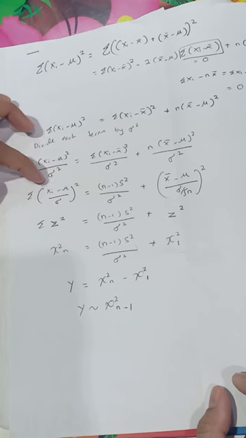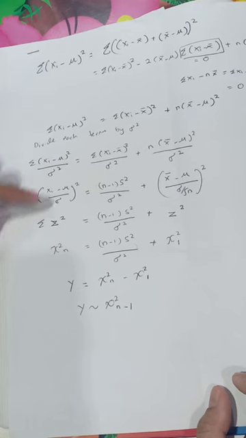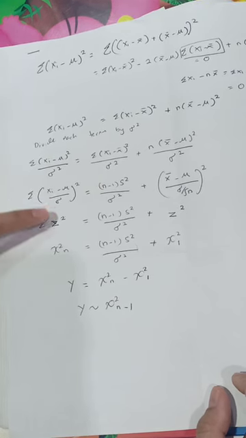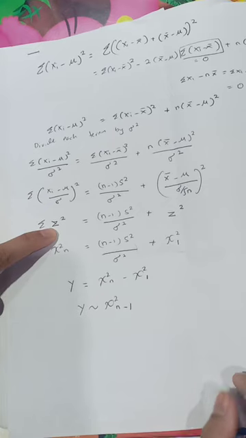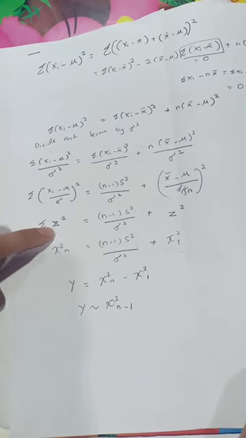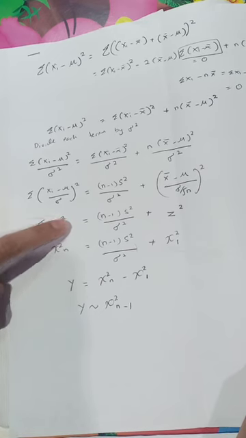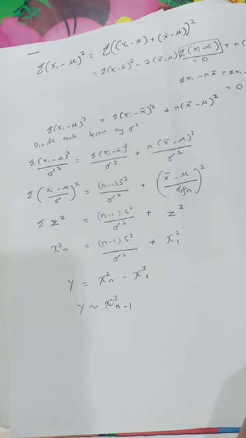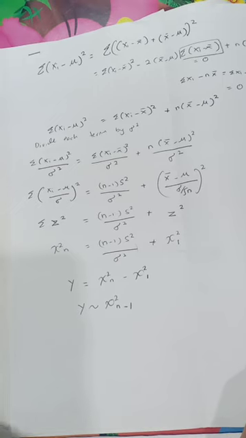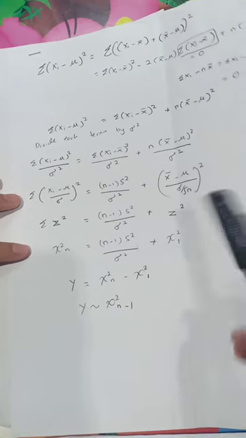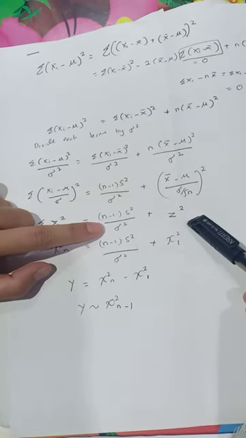X minus its mean divide its standard deviation will be z. This part will be z square, summation of z square. Okay, this part remain.